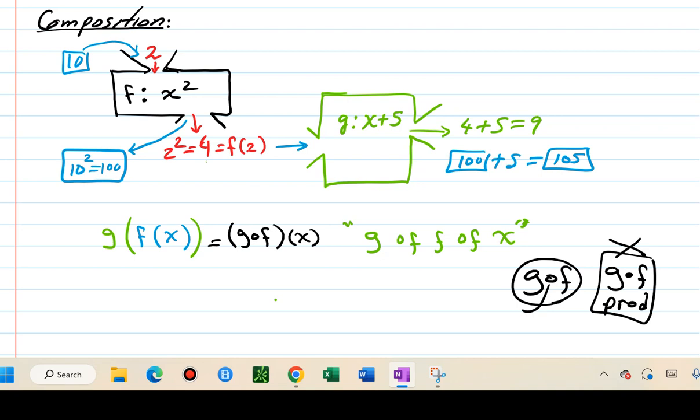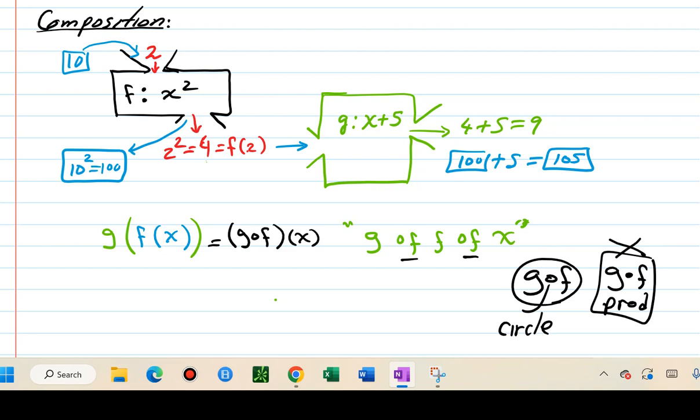We're doing the circle notation. And we read it exactly as I read it here, g of f of x. Now, if you change the order of the machines, by the way, you don't expect to get the same output. The order of composition, I should say.